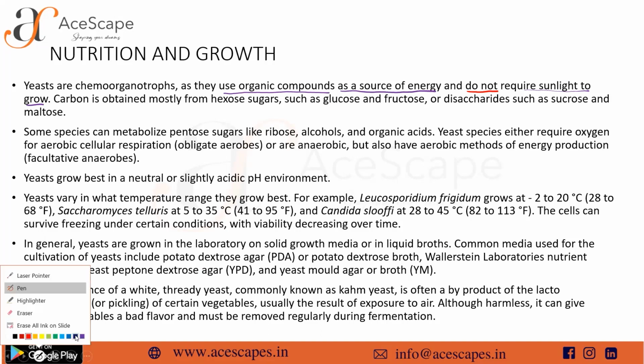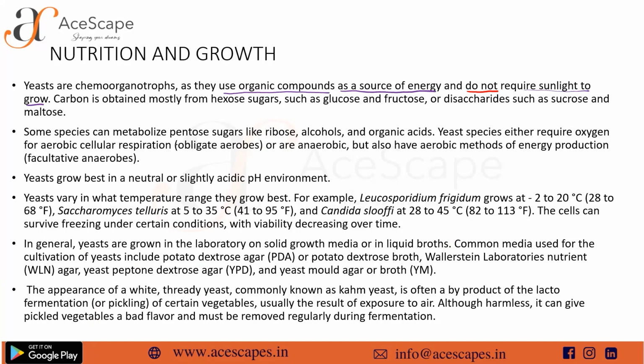Some species can metabolize pentose sugar like ribose, alcohols, and organic acids. Yeast species either require oxygen for aerobic cellular respiration, or they are obligate anaerobes. Yeast cells can be anaerobic, but they also have aerobic methods for energy production, so they are also facultative anaerobes.